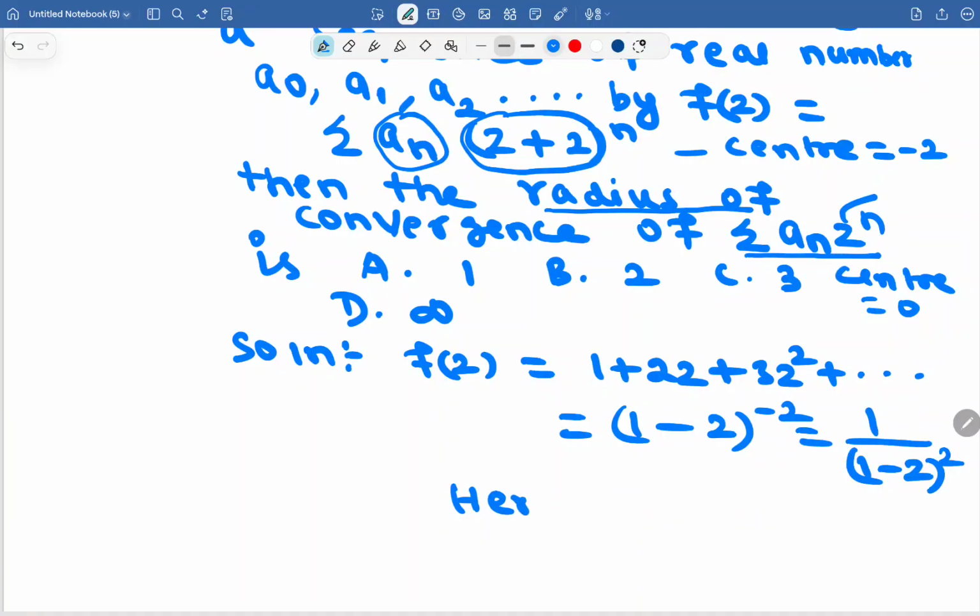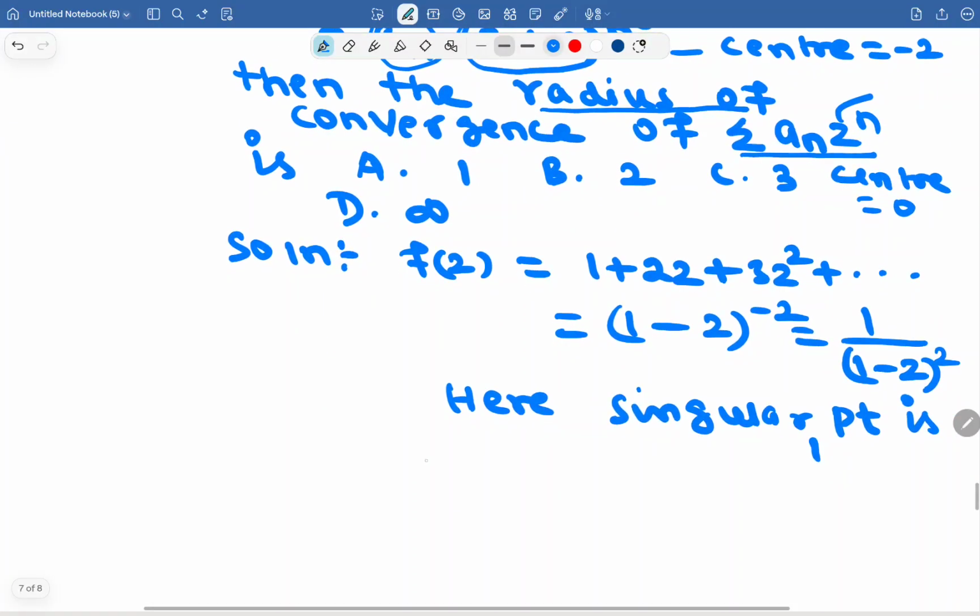Here the singular point is 1. For finding the radius of convergence for this kind of problem, use the distance formula.